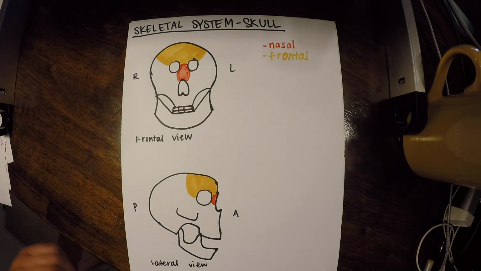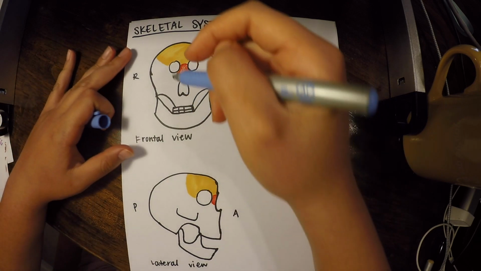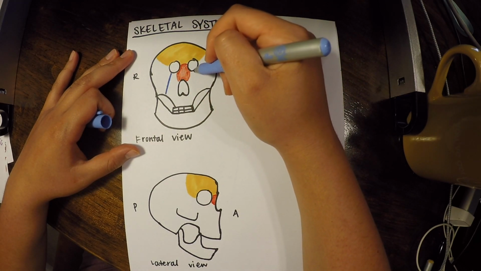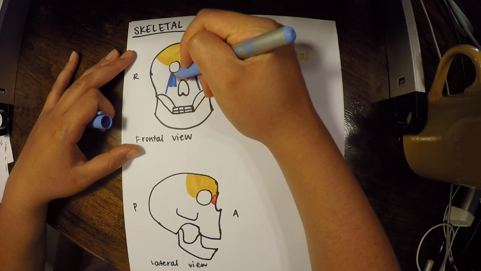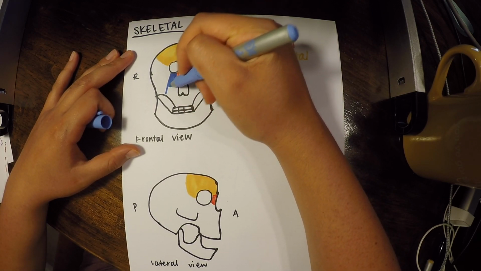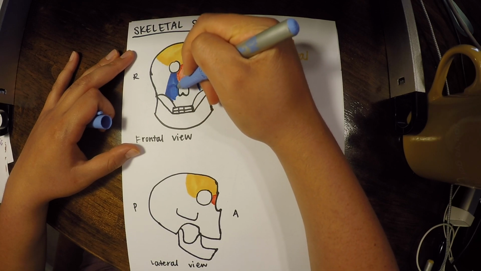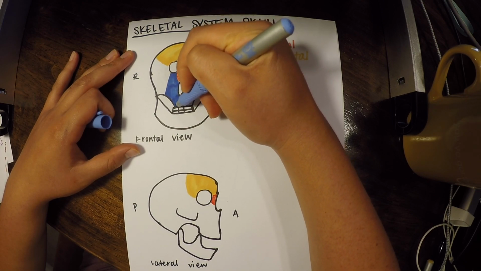Now let's draw in our maxilla. The maxilla is going to be all of this, basically around the nose area and on the upper part of the mouth.